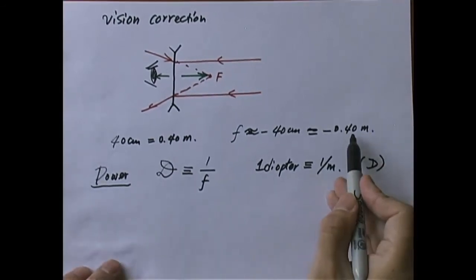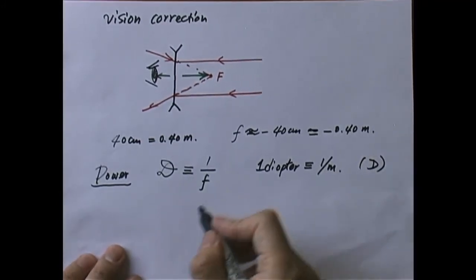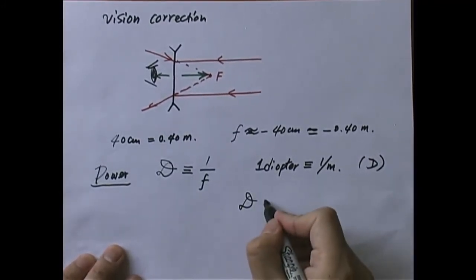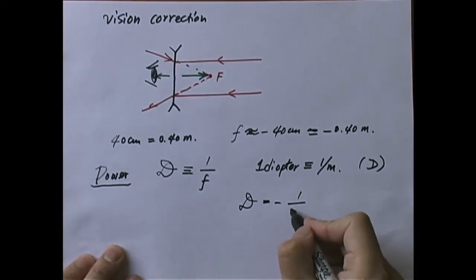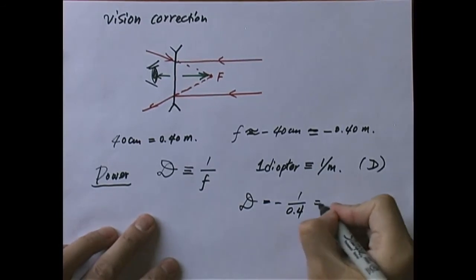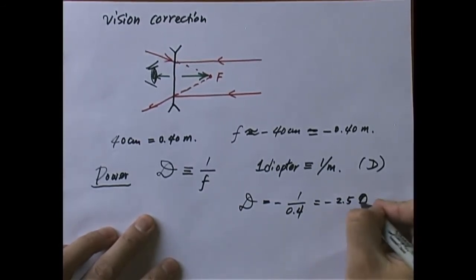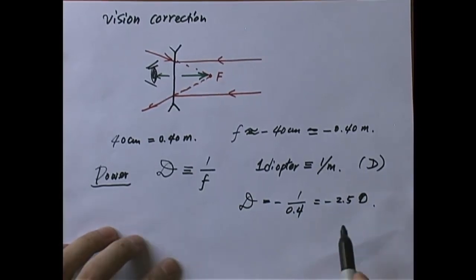So, in this case, if the focal length is negative 0.4 meters, what is the power of the lens? D would be equal to negative 1 over 0.4, right? And we know what that is. That's negative 2.5 diopters. And that is what you see.